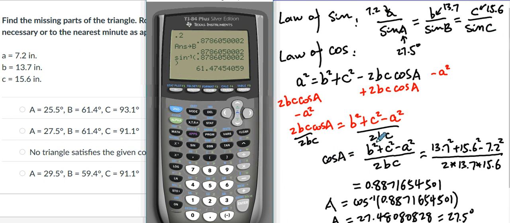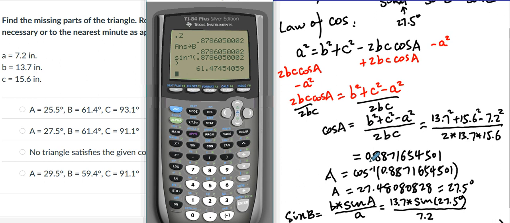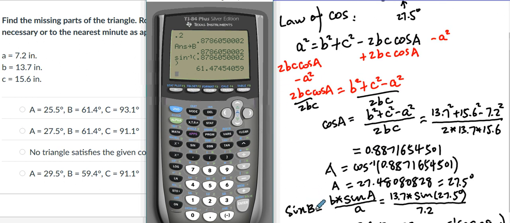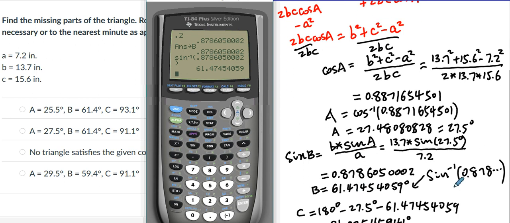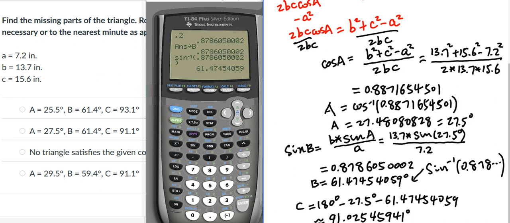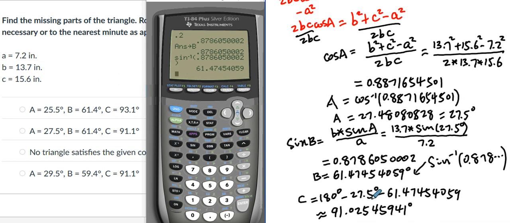Again, you may find C either by the law of cosine, as I did here, or by the law of sine. But it's not necessary now, since we have two angles. One is 61.47 something, in degrees. Another is 27.5.